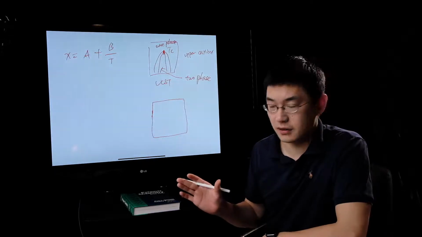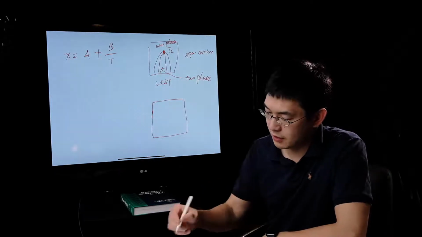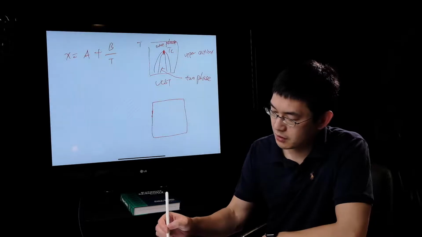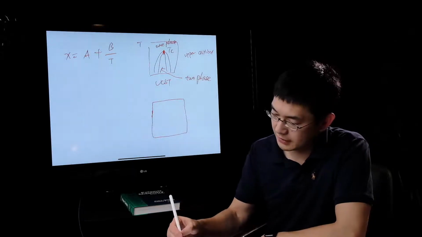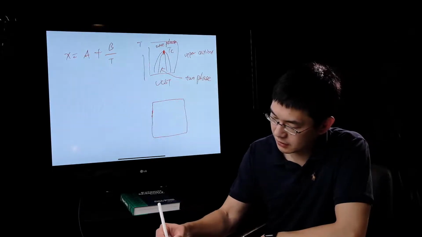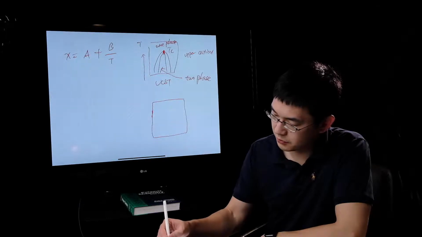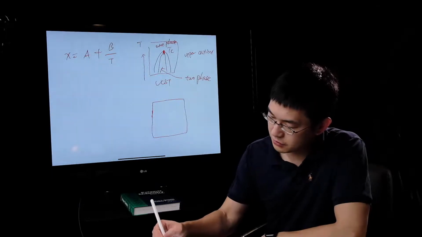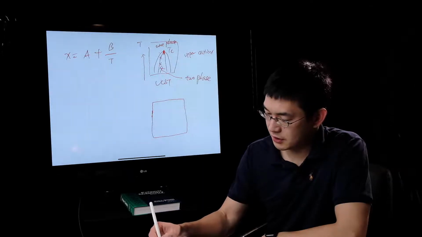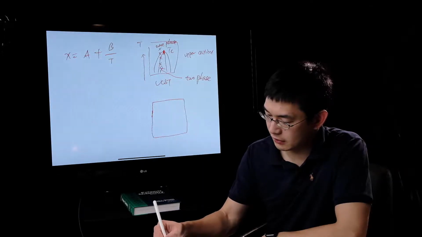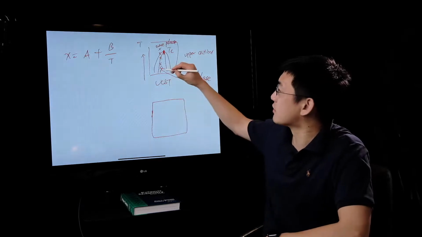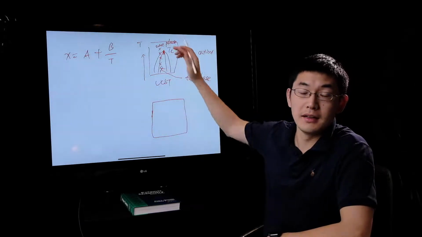What this example tells you is that when I increase the temperature, my polymer tends to dissolve better. So if we look at a temperature profile from bottom to top, I could go from two phase, and with increasing temperature I would evolve into one phase.